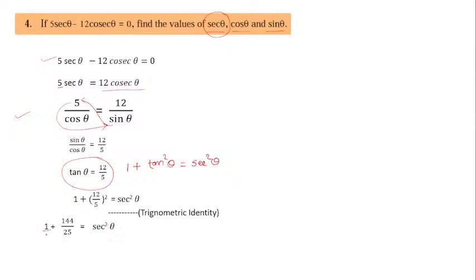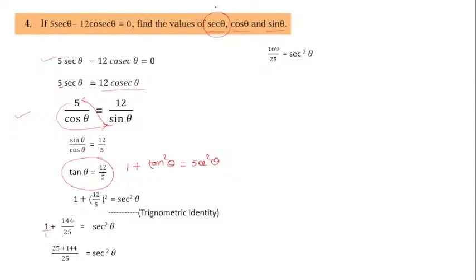Again here also we have to cross multiply. So 25 into 1, that's 25, plus 144 into 1, that's 144, divided by 25 into 1, that's 25 in the denominator, is equal to sec square theta. Now if we add the numerators, we get 25 plus 144, that is 169, divided by 25 is equal to sec square theta.